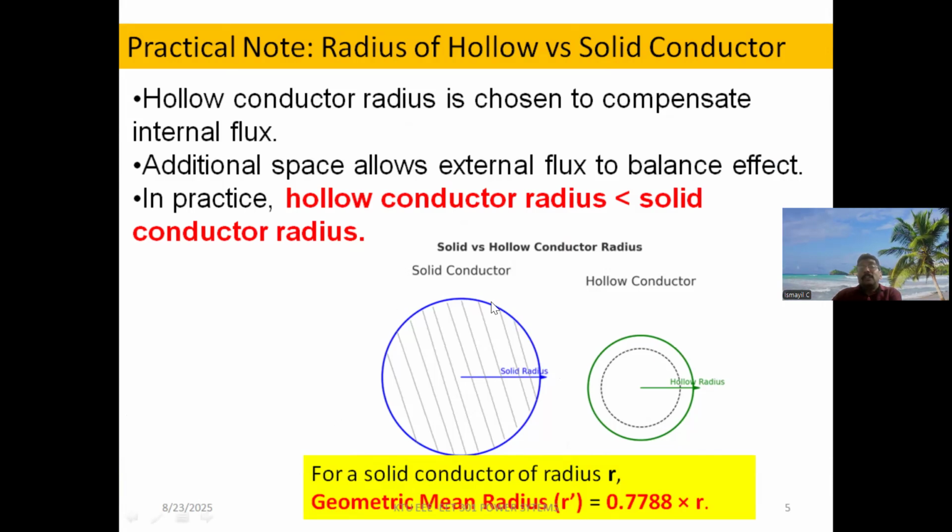That is, for the solid conductor, let the radius be r, then the equivalent radius will always be less than the physical radius, and mathematically we can prove that it will be equal to 0.7788 into r.